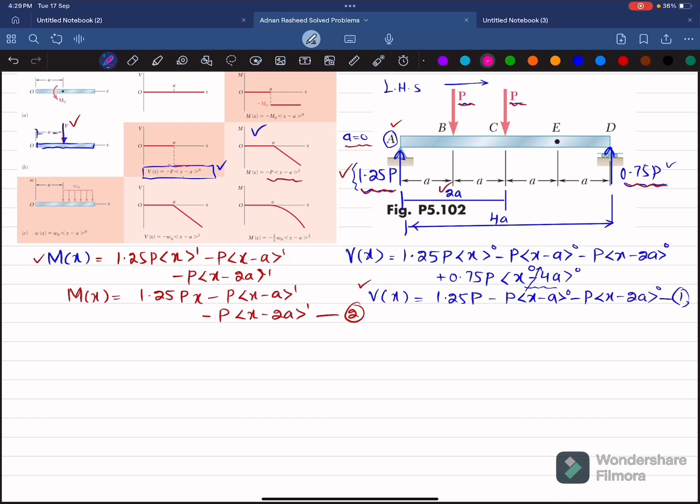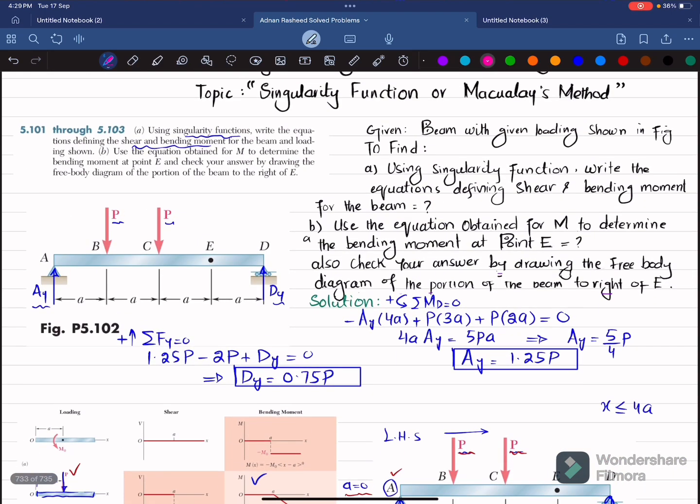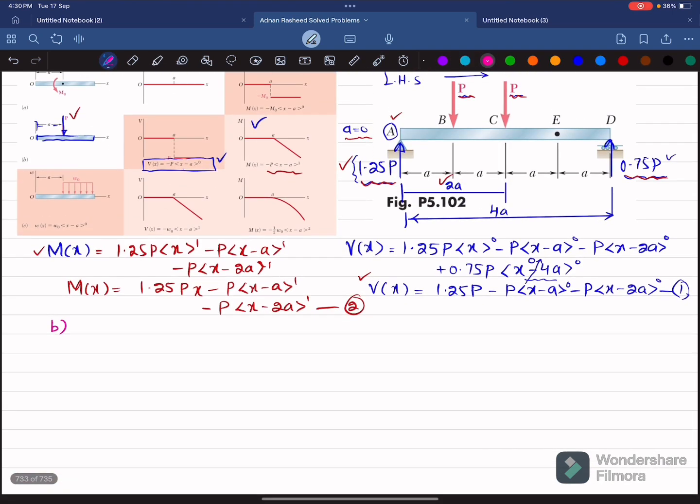Now we will go to part 2, and in part 2 it is given that use the equation obtained for m to determine the bending moment equation at point E. So this is point E. Point E is at a distance of x equal to 3a. So at x equal to 3a, put in equation number 2.